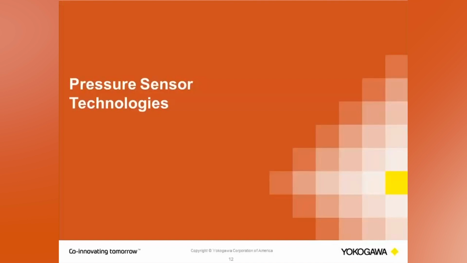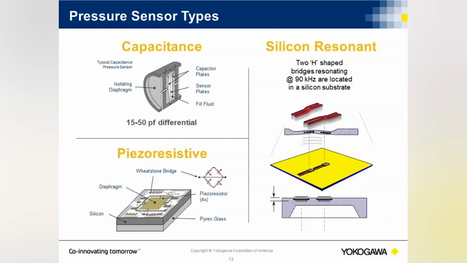Now I'm going to get to some of the pressure sensor technologies. So pressure sensors come in three different types: capacitance, piezoresistive, and silicon resonant. Capacitive sensors typically use a thin diaphragm. Applied pressure causes the capacitance to change, typically in the order of several picofarads.